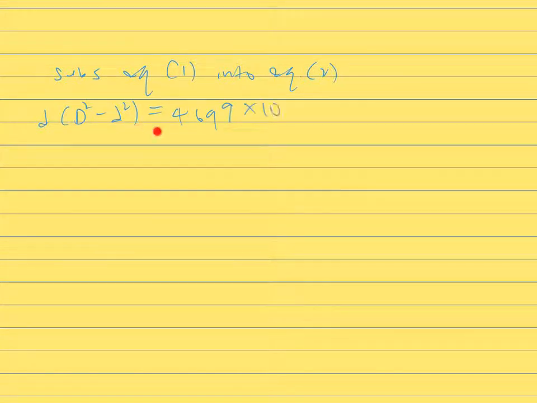So we sub equation number 1 into equation number 2. Equation 2, which is d inner times d, the major diameter, squared minus the inner diameter squared, is equal to 4.699 power negative 3.